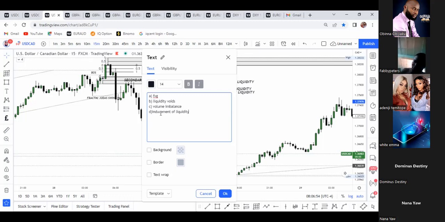Under inducement of liquidity, we have range structures, trendline liquidity, hanging fruits. That's under inducements.